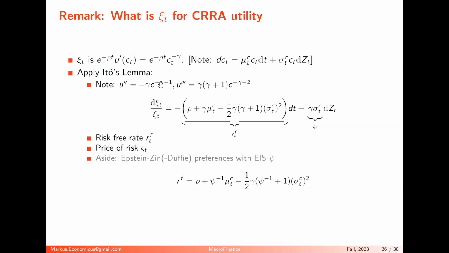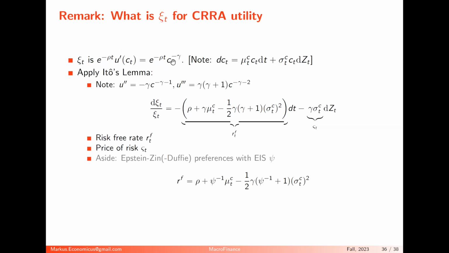And I know that U prime, remember, U prime was C to the power minus gamma, U double prime is this, and U triple prime is this guy. Okay, you can take the derivative on your own, just believe me. Now I can just use Ito's lemma. This is my SDF.